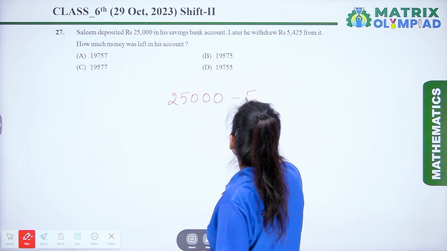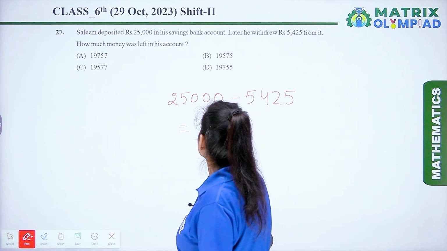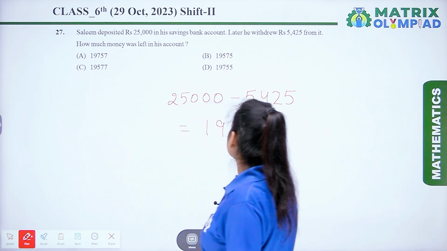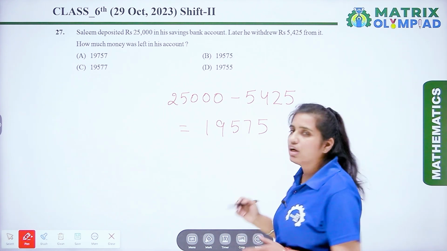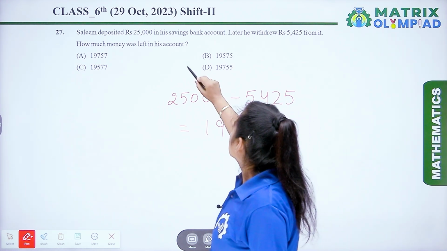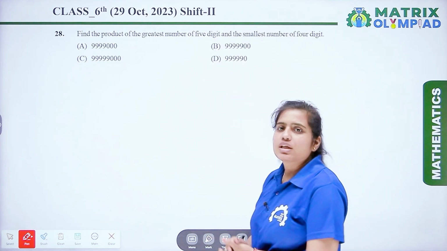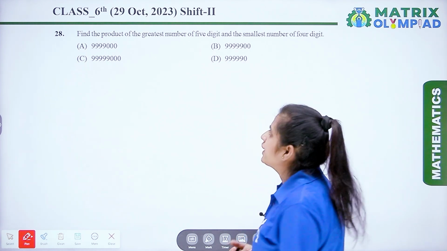After subtraction, we get 19,575. So after subtracting, we get the leftover amount. So option B is the correct answer. Now the next question is question number 28.